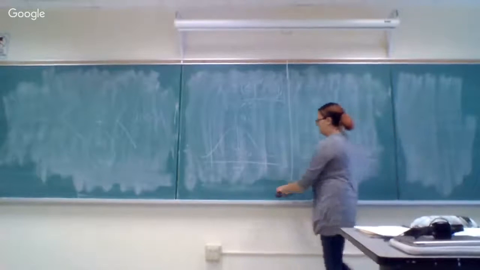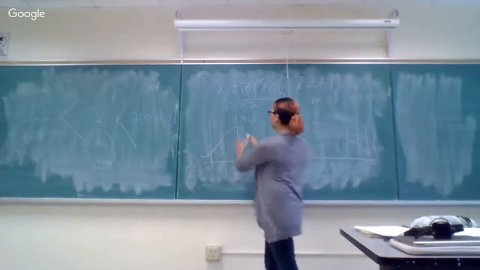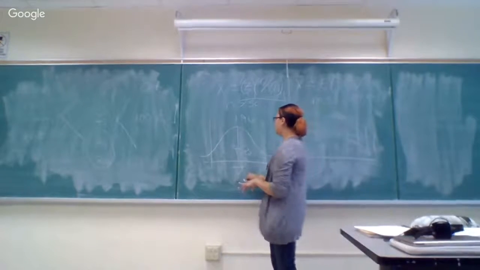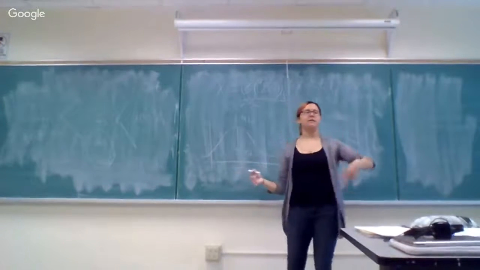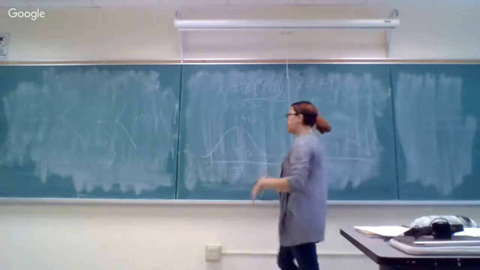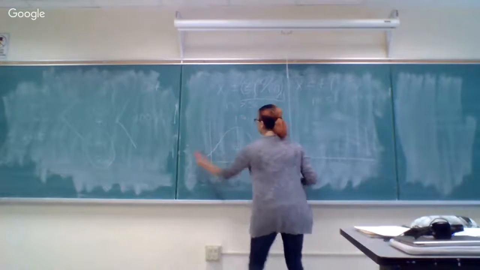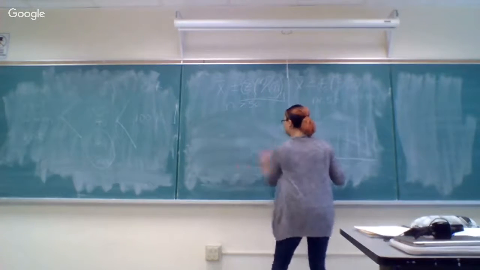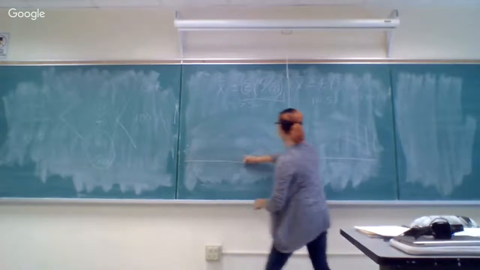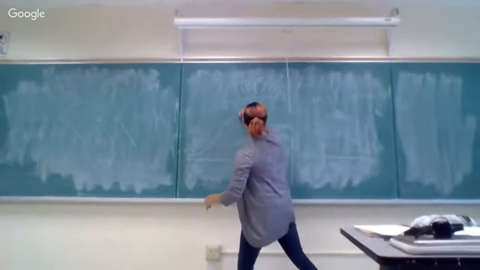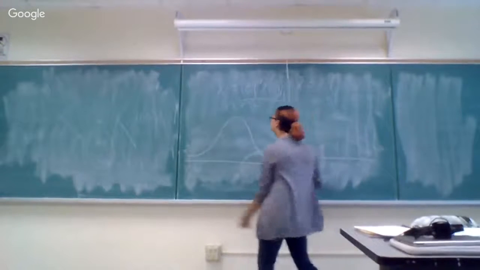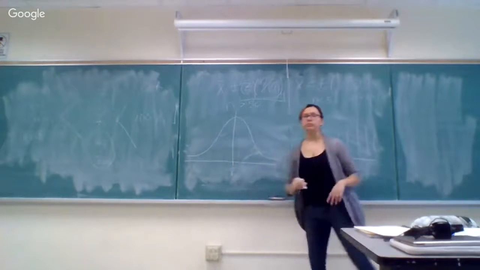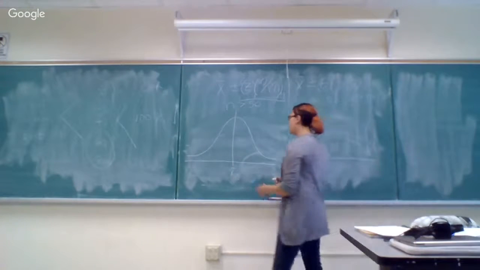Now, a normal distribution has some nice properties. Normal distributions are symmetrical around the mean. And it also has this rule about the 68, 95, and 99.7 percentages. So I'm going to redraw this a little bit. If I have a normal distribution with some mean x bar, you've seen this?